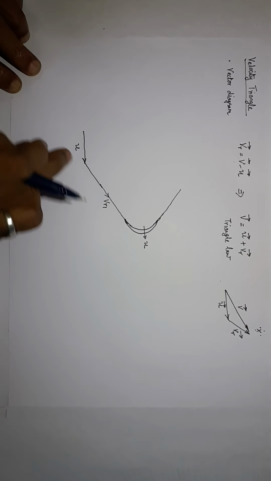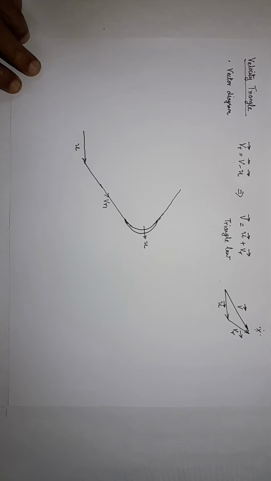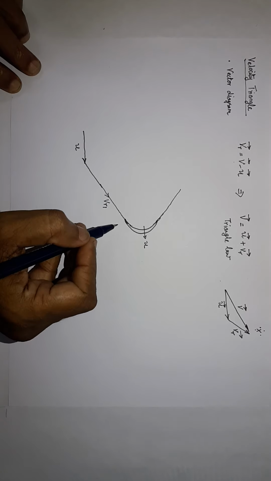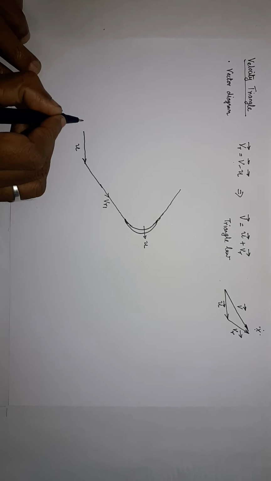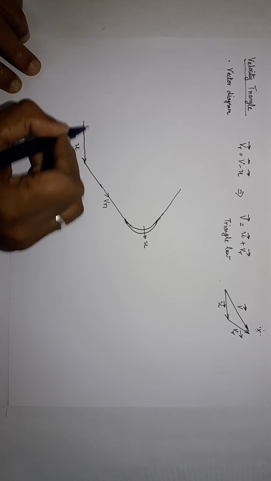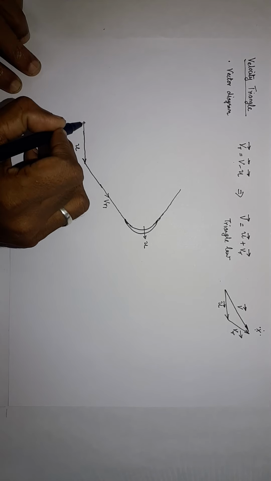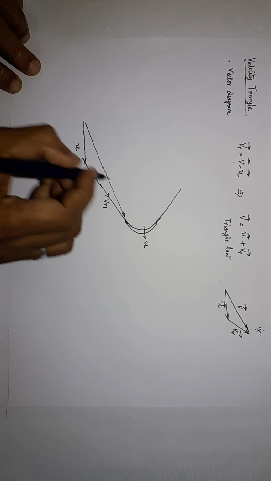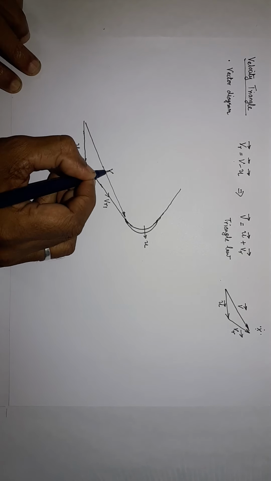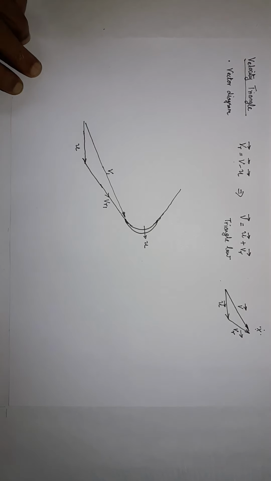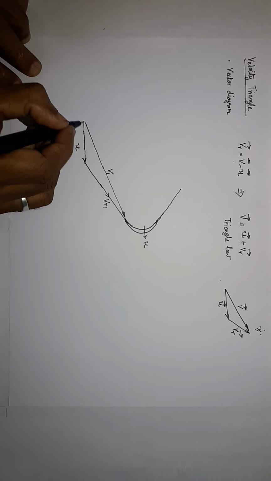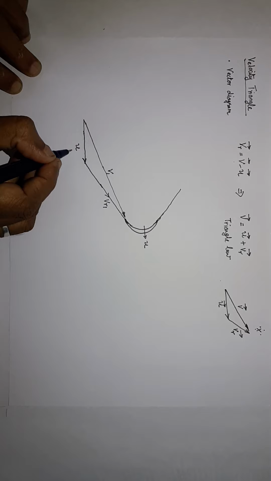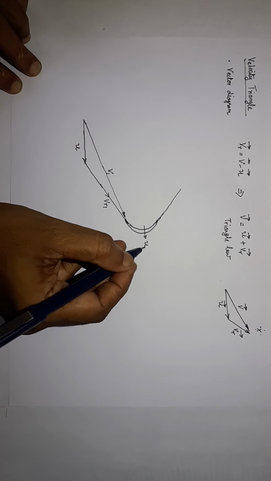And I have to add these two as per the triangle of vector addition. Then the closing side, from here to here, represents the absolute velocity of the liquid at inlet. As of now I am not differentiating between the velocities.